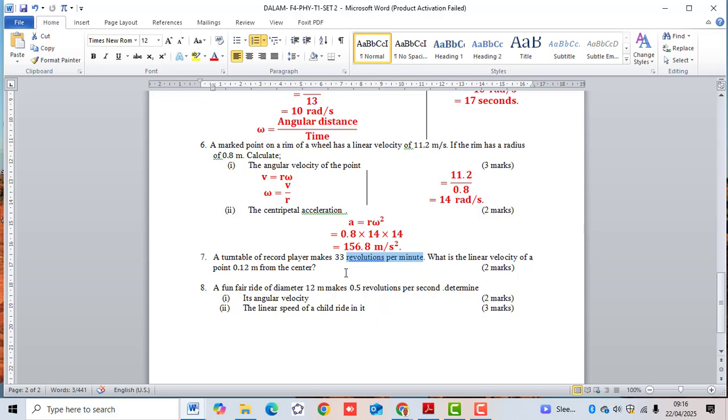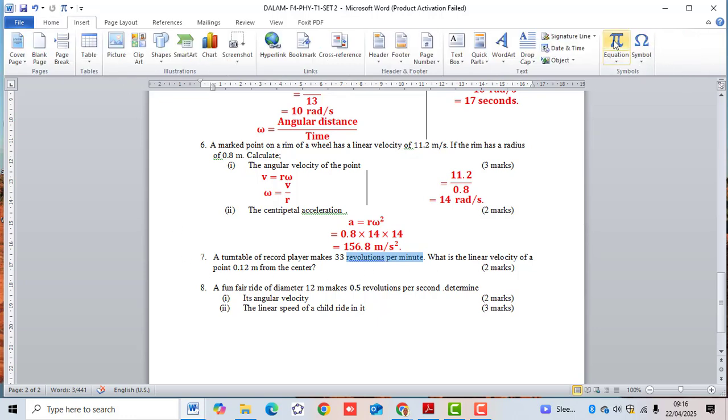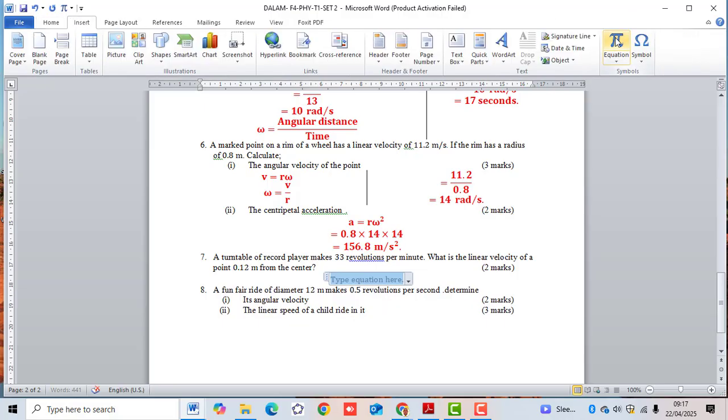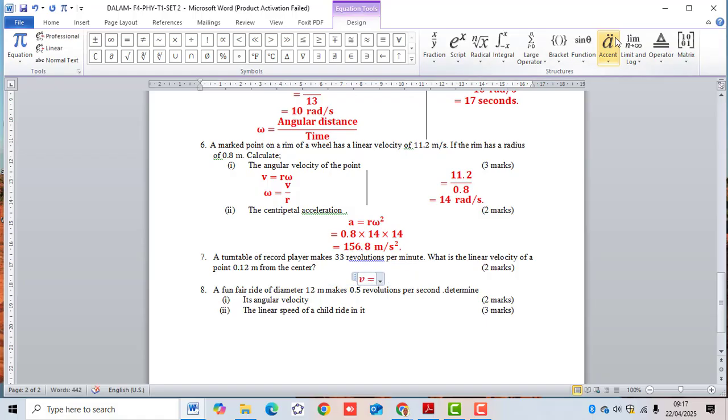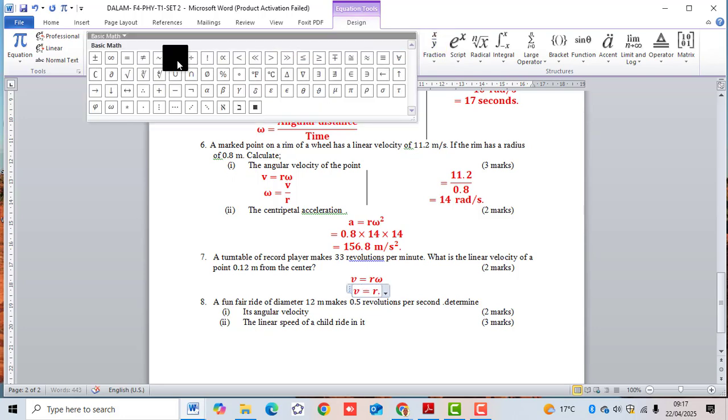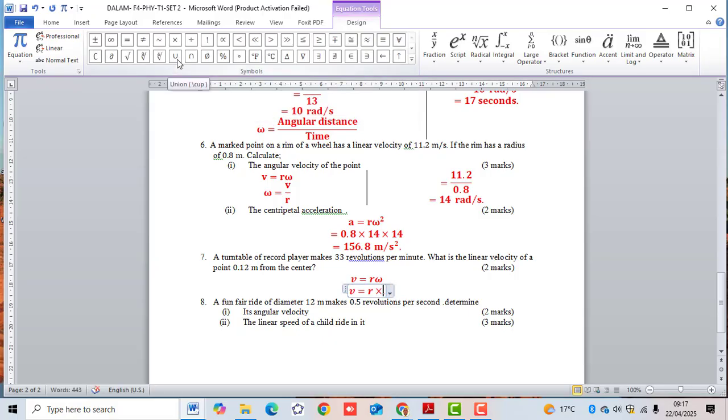So what is the linear velocity? How do we get the linear velocity? Linear velocity V is equal to r omega. But from that question, we don't have the omega. So V can be written as r multiplied by, instead of omega, 2 pi f.